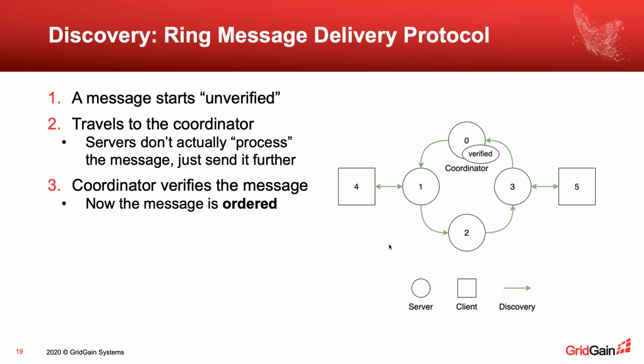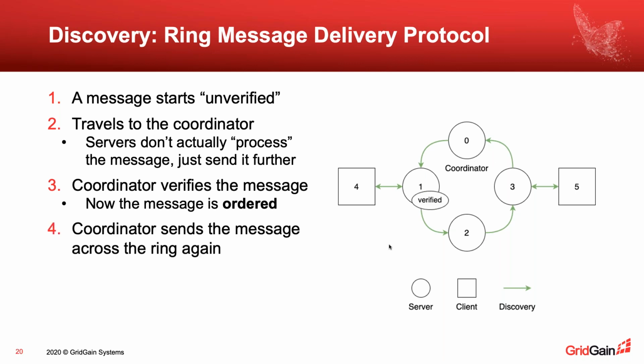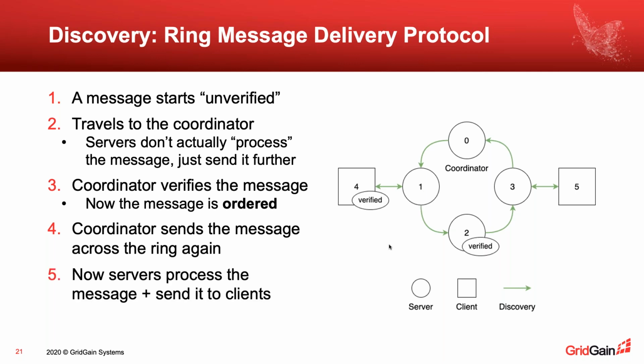So after the coordinator has verified the message, it sends the message further down the ring, and now the nodes can actually process it. Node number 1 sees the message, sees that it's verified, and the message says do stuff, and node number 1 actually does the stuff.